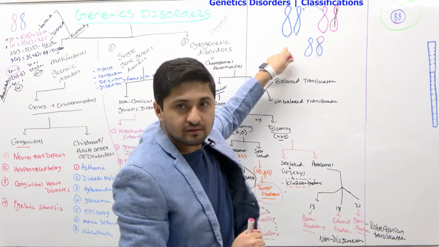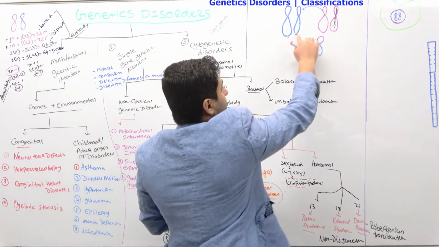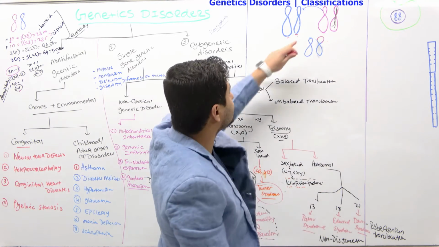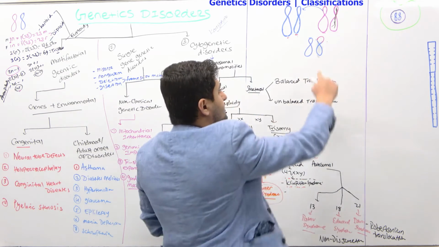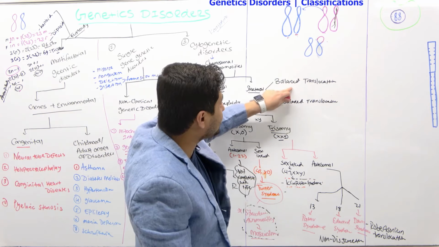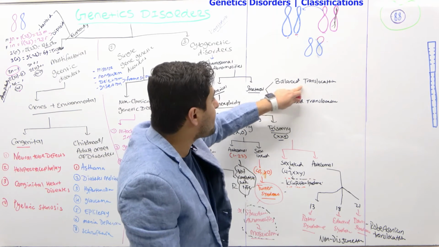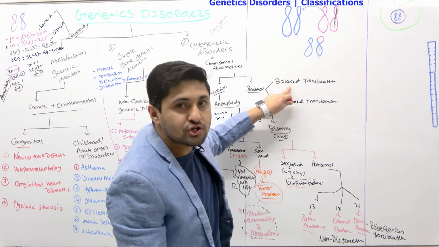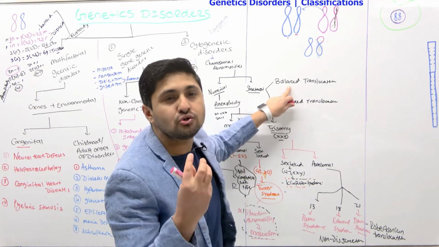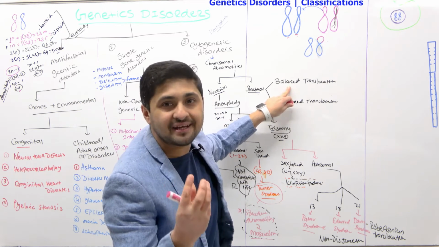So whenever that happens, this is called reciprocal translocation. But if there is a balanced translocation, that means there's no gain of genes or loss of genetic information.